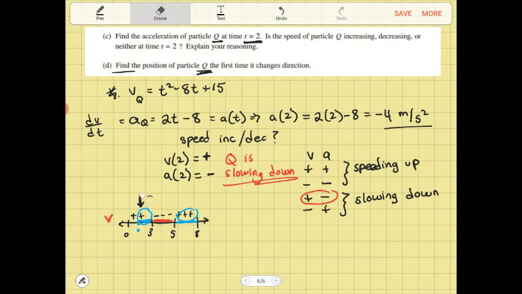Let's get rid of these things. So when is the first time that the velocity changes direction, that particle Q changes direction? It starts moving to the right, and then it moves to the left at 3. So the first time it changes direction is at t equals 3.